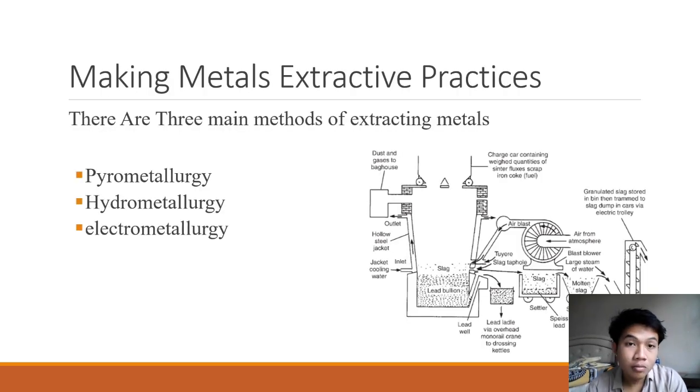And let's talk about making metal, extractive practice. Most metallic elements occur naturally as minerals or ores, which are compounds that result from a reaction between metallic and non-metallic atoms.